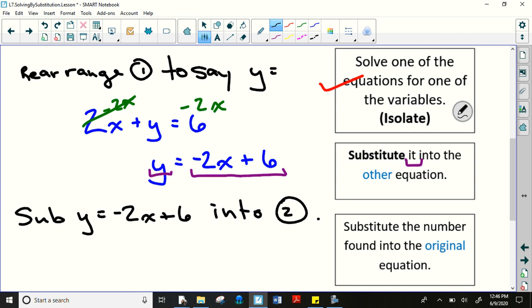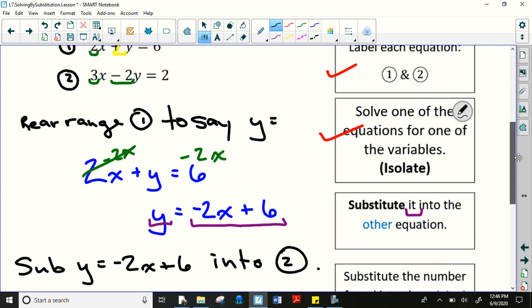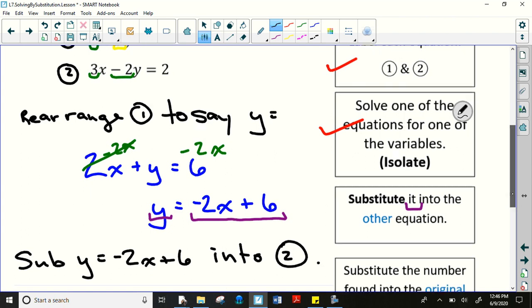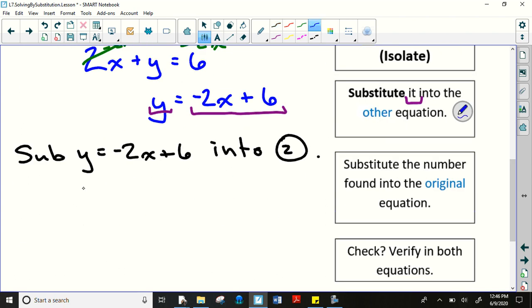Boom. What does that mean? Well, anywhere in equation number 2 that there is a y, we're going to put in this instead. So if I look at equation 3x minus 2y equals 2, here's my equation. There is a y right here. There are no y's over here. This negative 2 is multiplying the y.